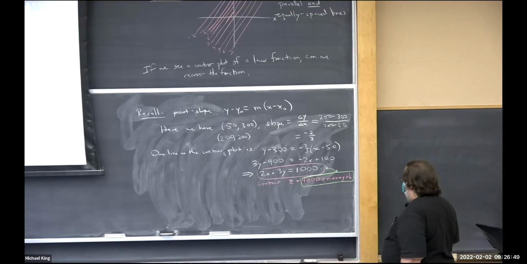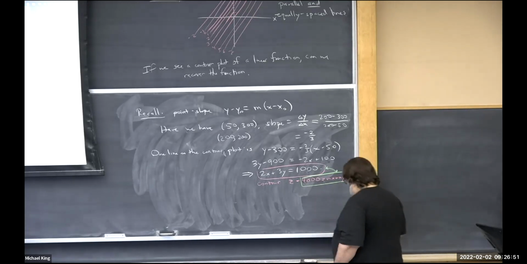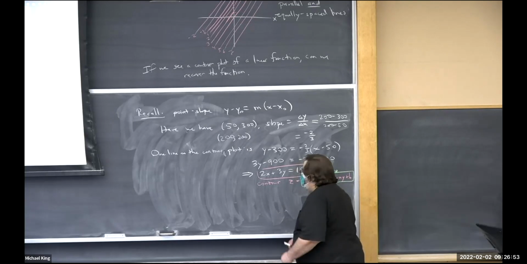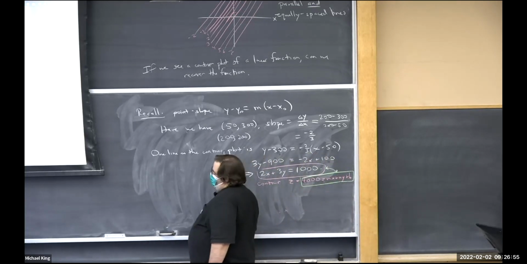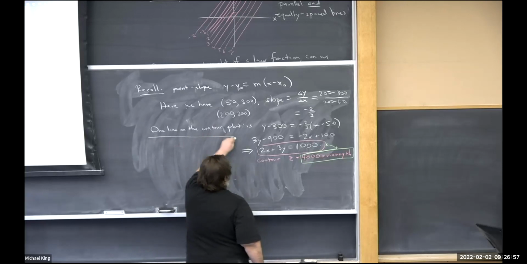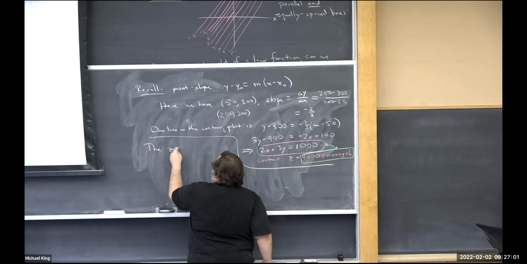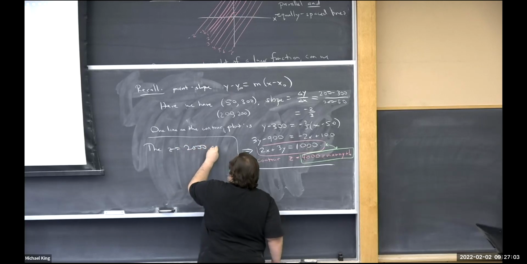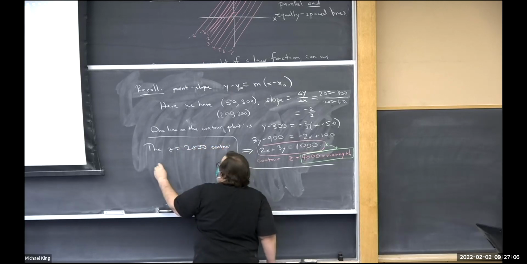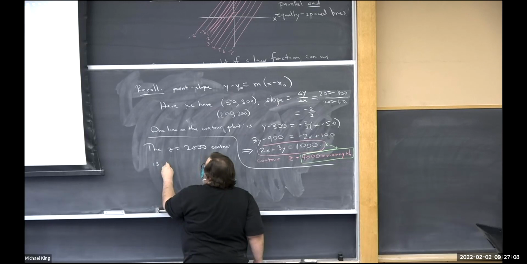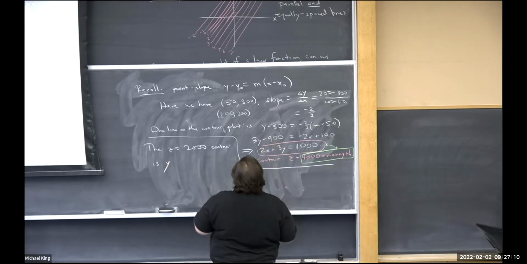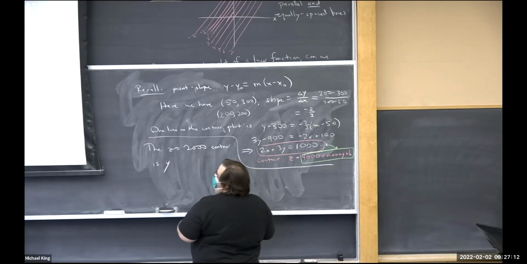So what about the z equals 2,000 contour? We know the slope already, right? So we can just use that point.